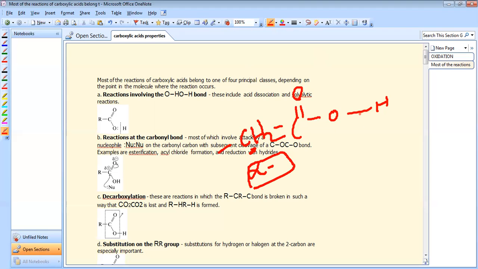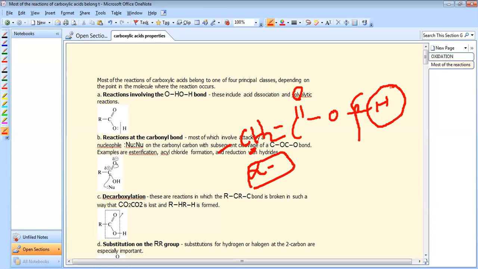So the first reaction is due to cleavage of the OH bond. That means this hydrogen will be replaced with generally a metal ion. The species which release H plus ions are known as acids. So it is the basic property of carboxylic acid that it readily releases H plus ions. Generally acids undergo reactions with bases.